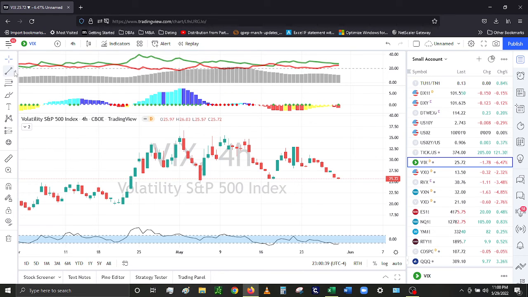But if you see how this is angled up, this is angled down, and it's getting wider as it consolidates more, that's called a broadening consolidation pattern, and that signifies weakness.